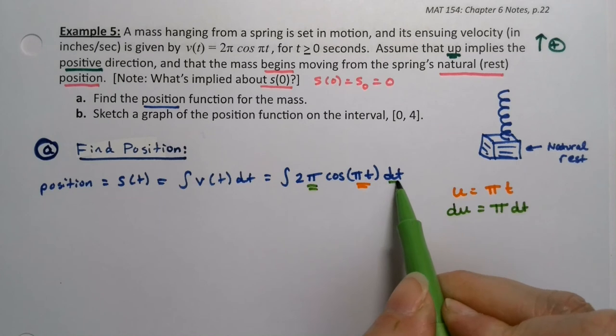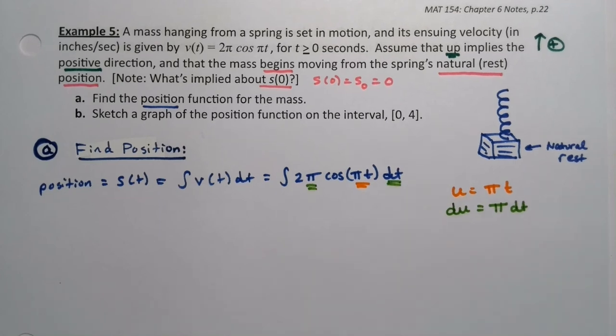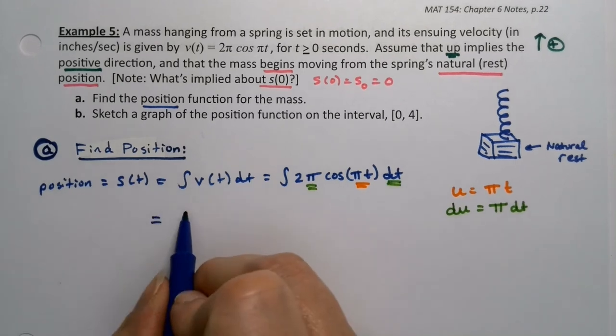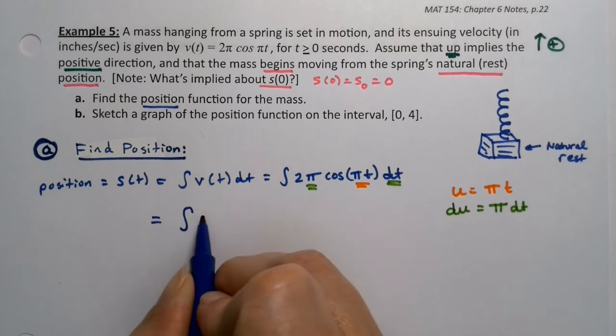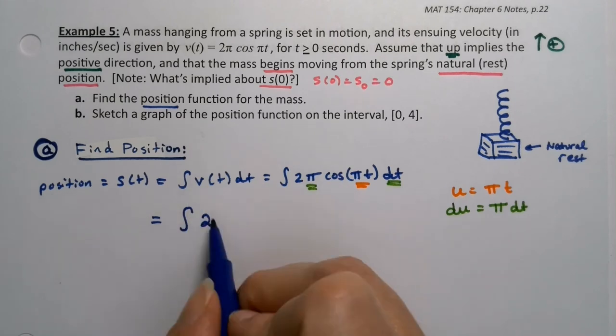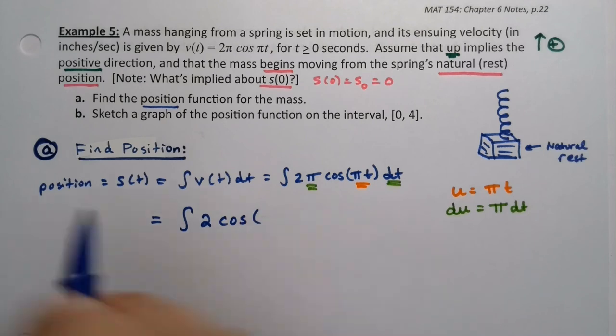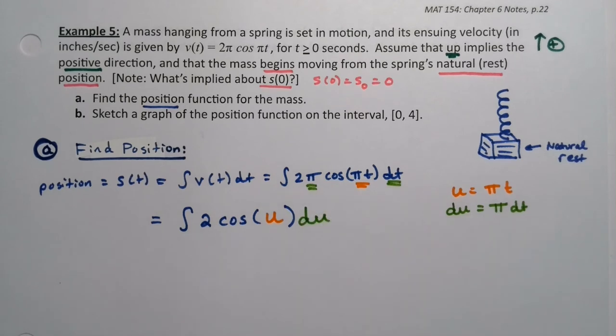That's the pi and that's the dt. So when I do my u substitution, it'd be the integral of 2 cosine of u du. And those two letters du take care of the pi and the dt for me.